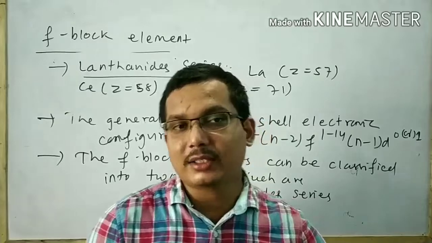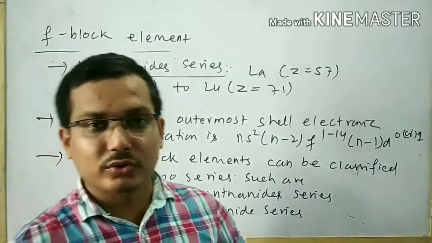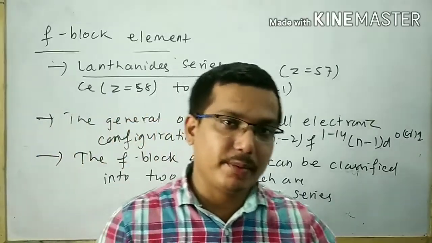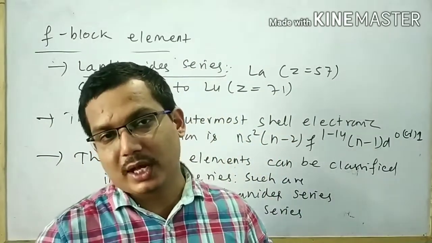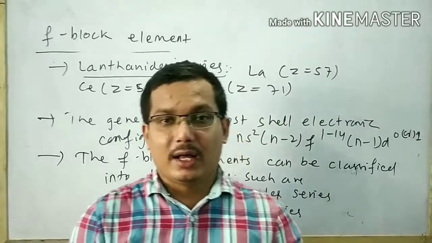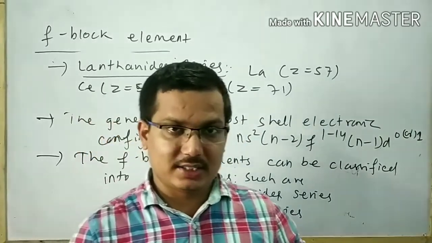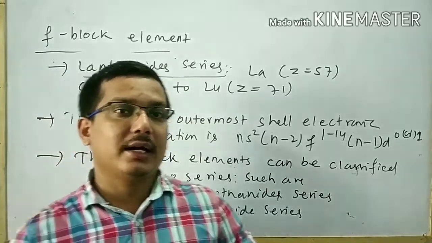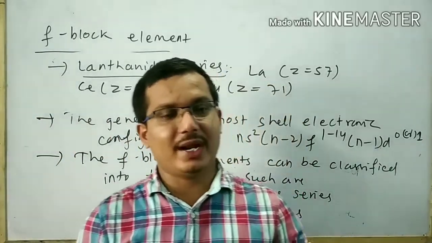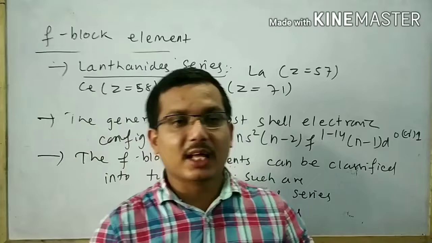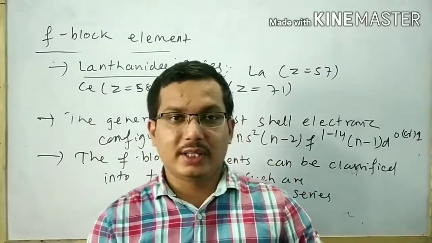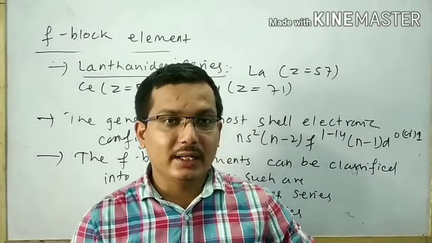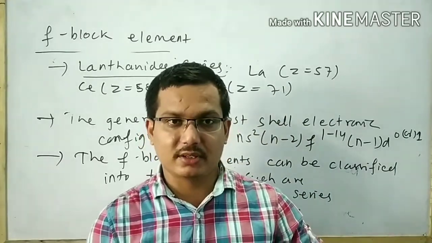No doubt the last electron of lanthanum goes to the d orbital, but it obeys all the characteristics of F block, so you can include lanthanum in the F block element list. Suppose a question asks in the exam, lanthanum is present in which block? Then obviously you think it is present in the D block according to the definition.